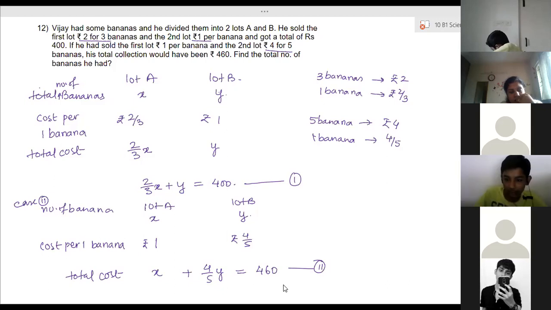Ma'am, total number of bananas is equal to 500. Yes, 300 plus 200. So I'm getting Y as 200 and X is equal to 300, ma'am. Yeah, 300 and 200, total 500.